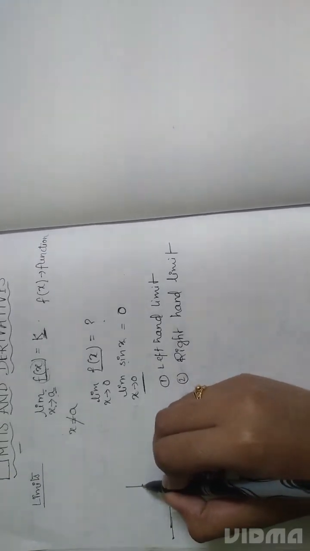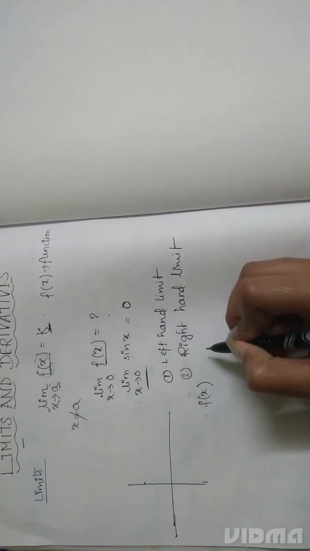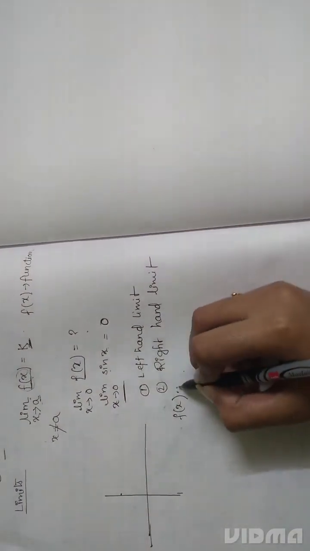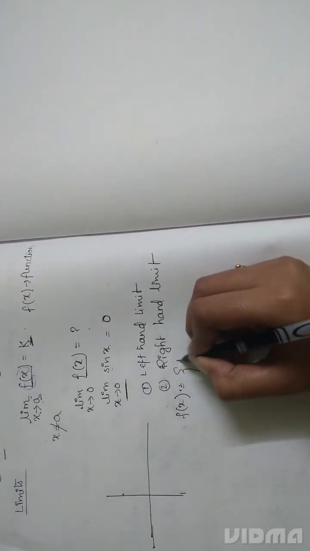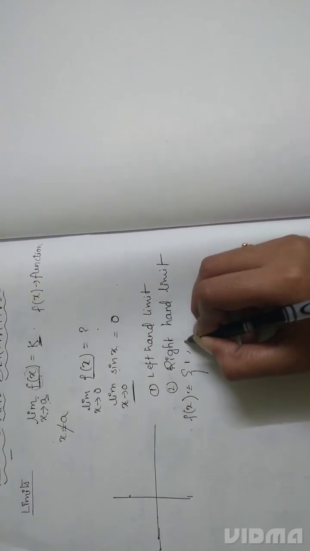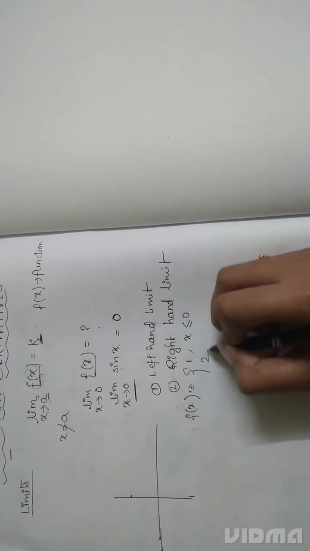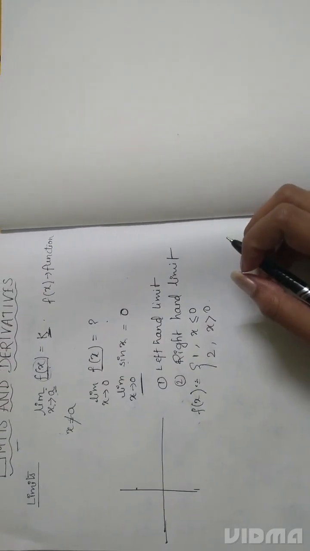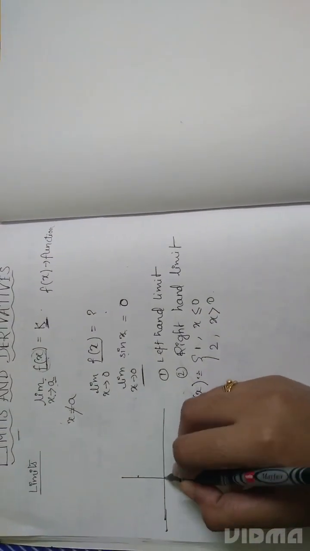Now let us suppose a function f of x. Now let us take one example. Let it be 1 when x is less than or equals to 0, and let it be 2 when x is greater than 0. Done. Now let us substitute this in this graph.